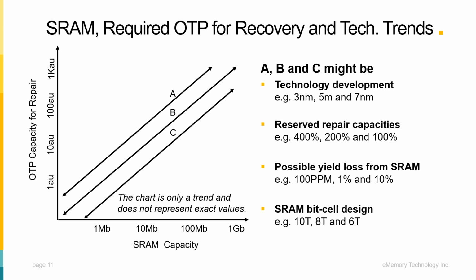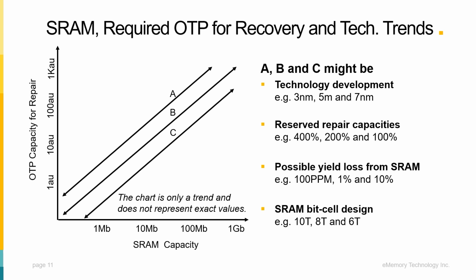In the figure on the left, the x-axis represents SRAM capacity. Historically, before the era of AI, SRAM capacities ranged from a few megabytes to tens of megabytes, typically used for CPU caches or general hardware accelerators.